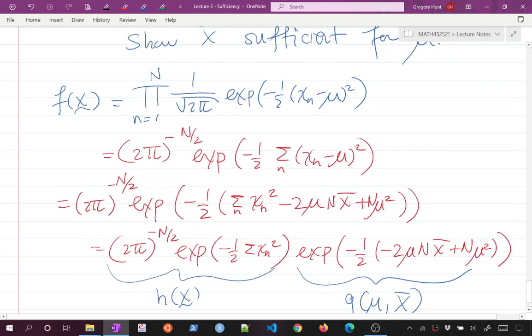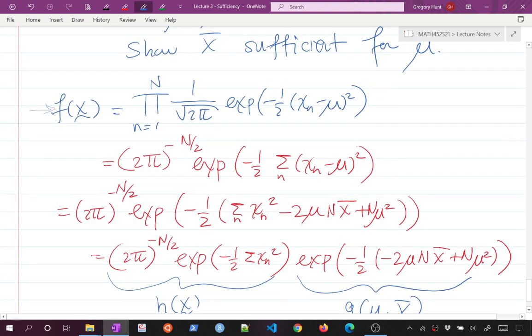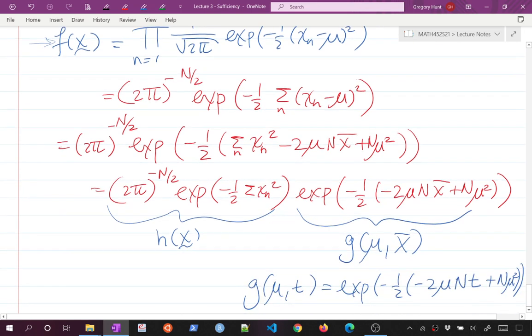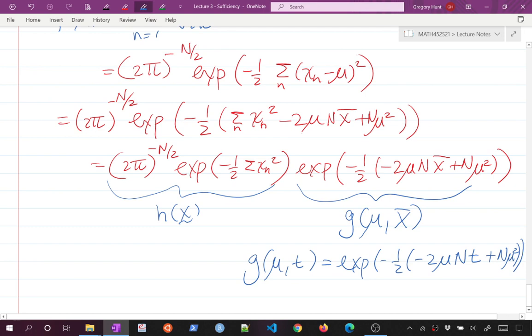I have fully factored my joint into something that depends on my data, not my parameter, and then something that depends on my parameter, so there's a mu in here. But the only way that my x's come in is through x bar. They don't slip in anywhere else. There are no single x's. There's nothing but x through x bar.